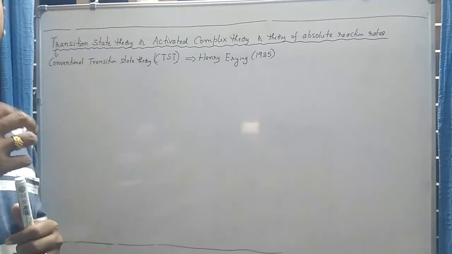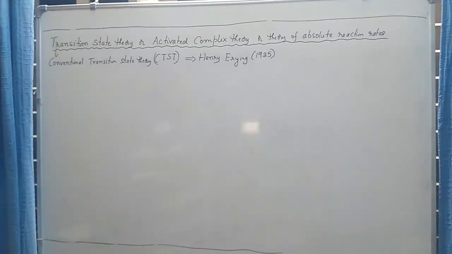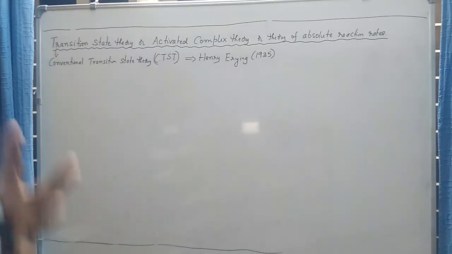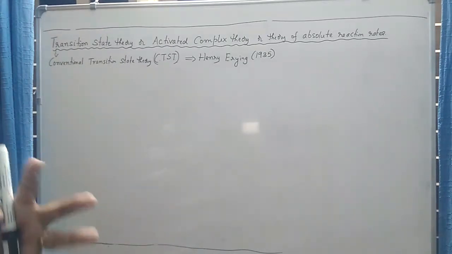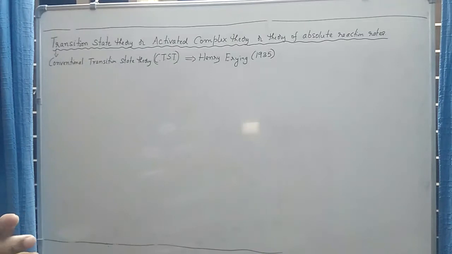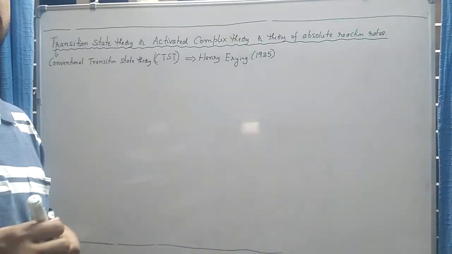So this theory assumes that a reactant molecule, before forming product, passes through a state of very high energy called the transition state, and in this transition state a species called the activated complex is formed.